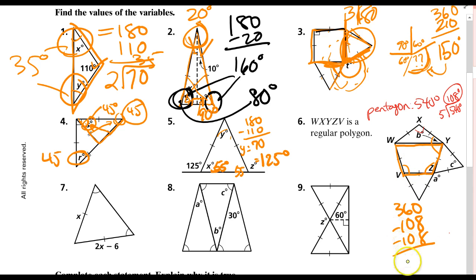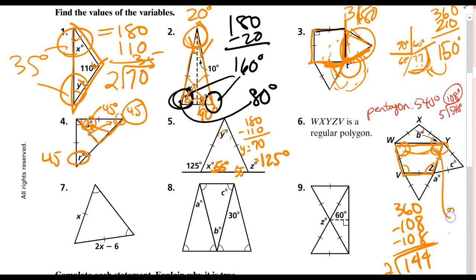leaving me with 150. Oops. Did I do that right? Yeah. 100. There we go, 144. And this 144 degrees that's left is equally divided between these two angles here. So that means that each of these is 72.